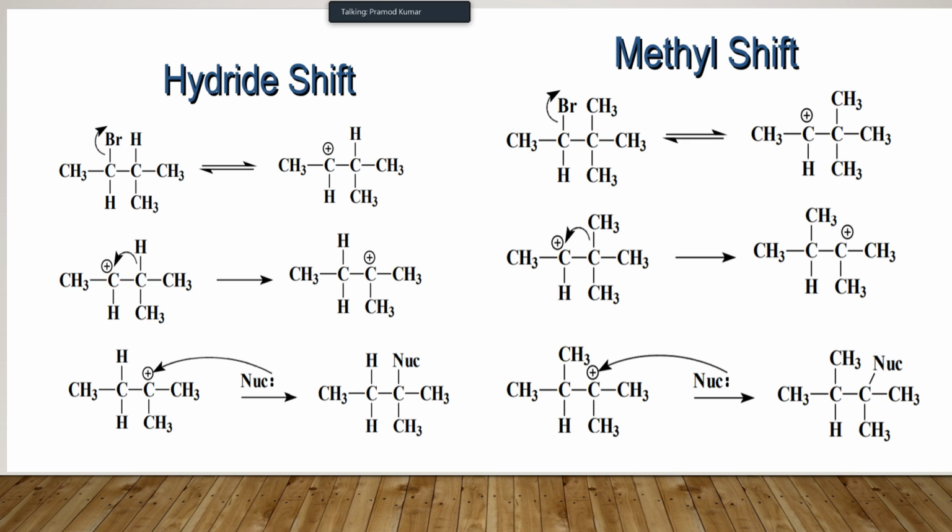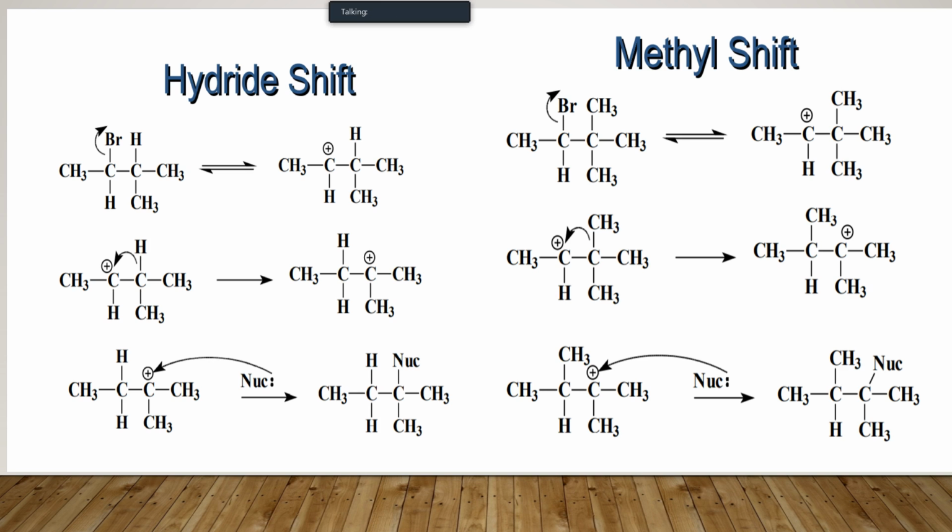But once there is a hydrogen shift, when the hydrogen atom from here goes over here, it gives a formation of a tertiary carbocation. And since you know the tertiary carbocations are more stable than secondary carbocations, you get a substitution at the second position rather than the third position where the bromide is found. So instead of the 3-substituted product, you get a 2-substituted product. So that undergoes rearrangement.